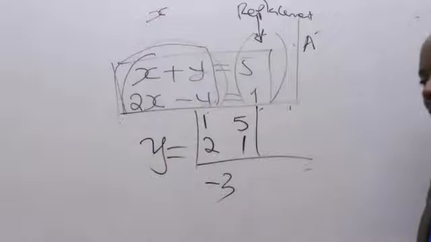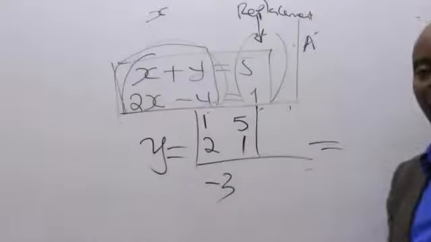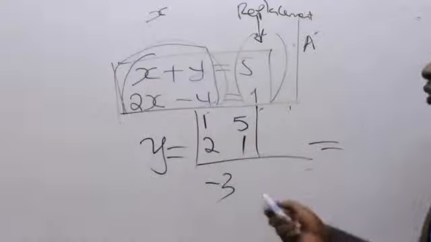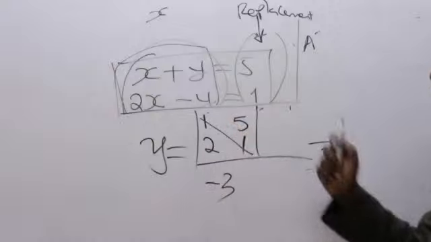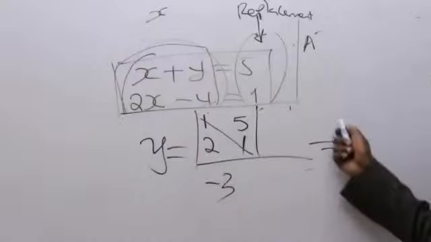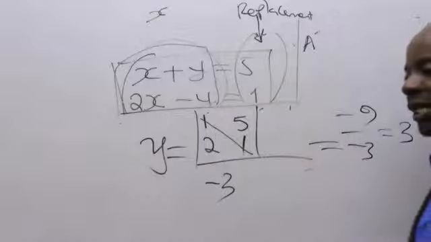So the only thing that we need to do tonight is to ascertain the determinant of the numerator. We need to come here and ascertain the determinant of the new matrix. So 1 times 1, that gives me 1. Minus 10, that gives me minus 9. And then minus 9 divided by minus 3 will be equal to 3.